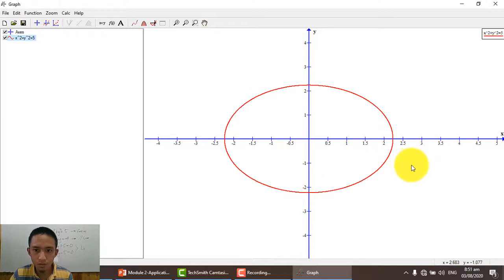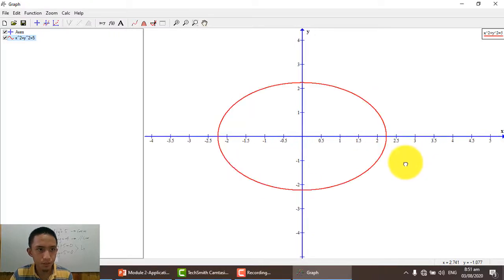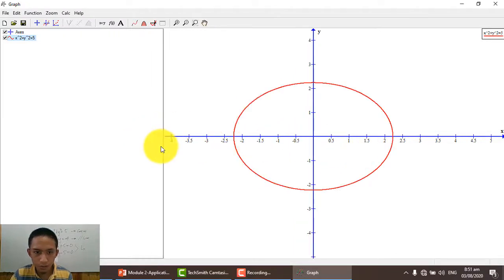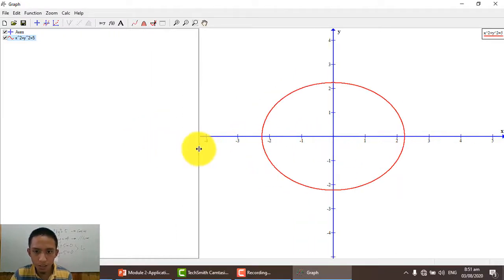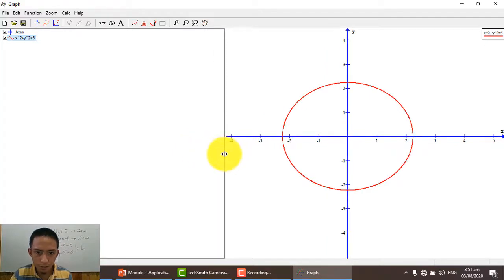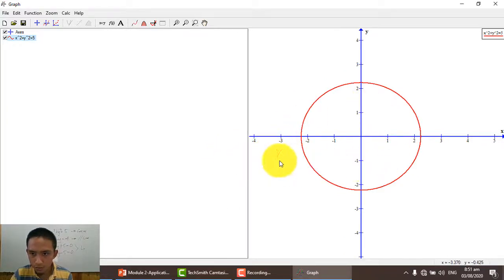Is that an ellipse? I don't think so. This is supposed to be a circle. Look at the numbers, that should be a circle. My grapher just elongated it because it did not use equal scaling.